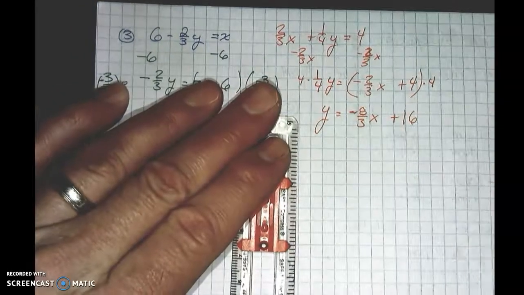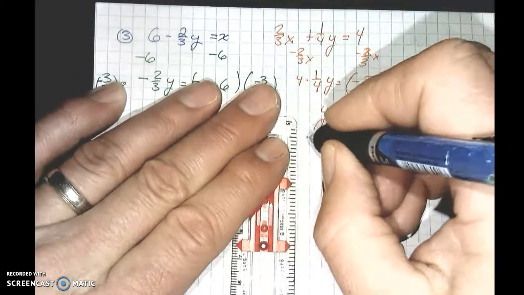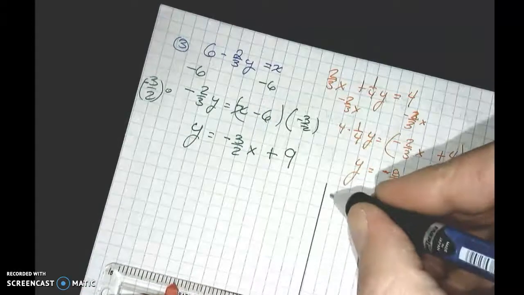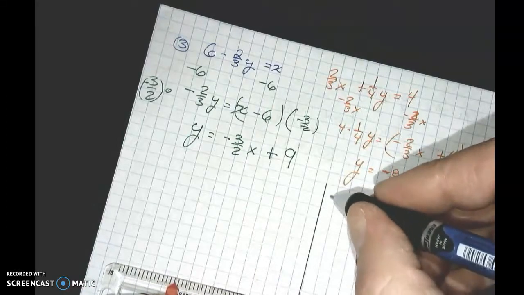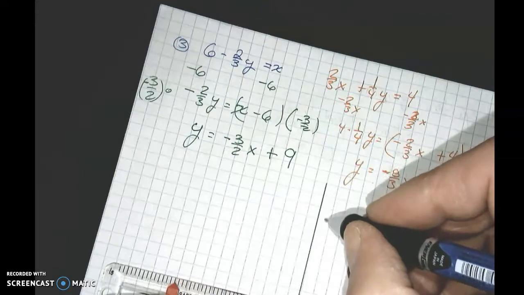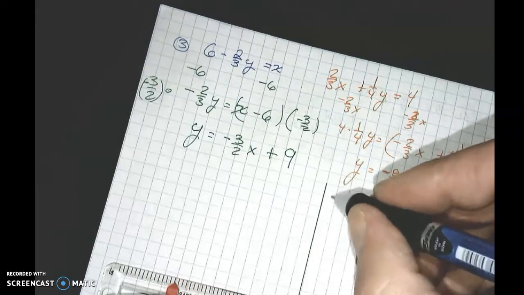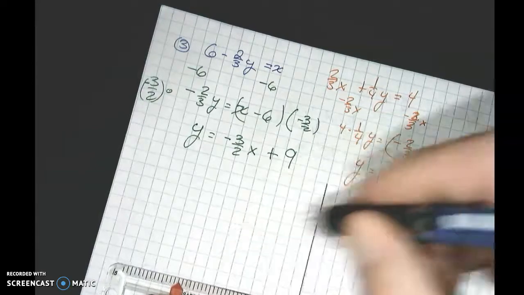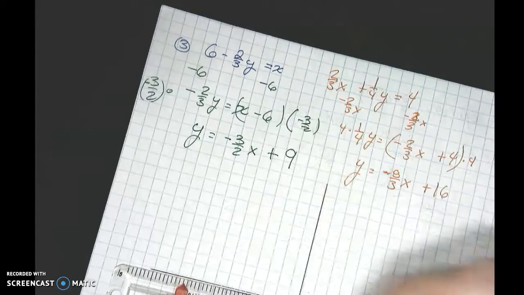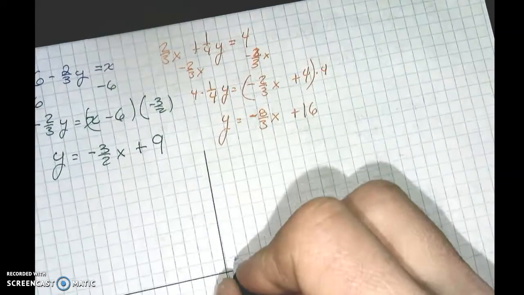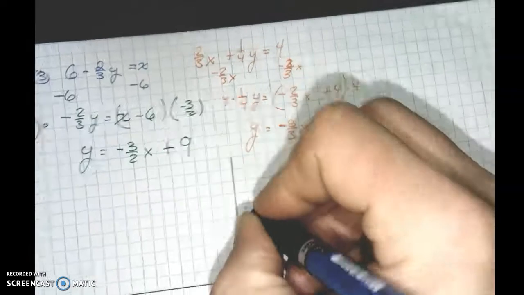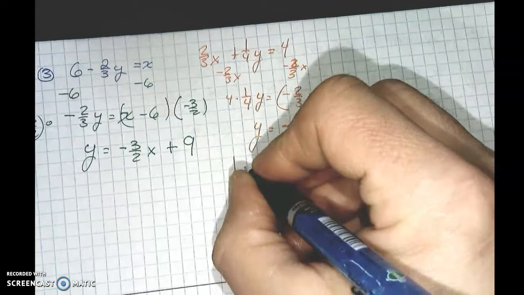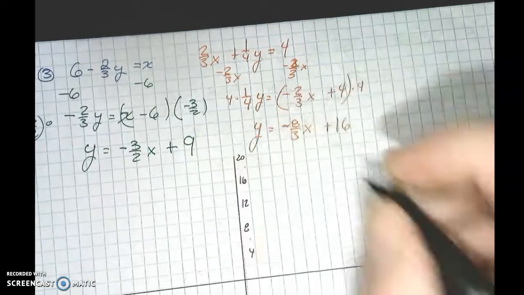So what I'm going to do is I'm going to make my coordinate plane. Something like that. So 2, 4, 6, 8, 10, 12, 14, 16, 18, 20.